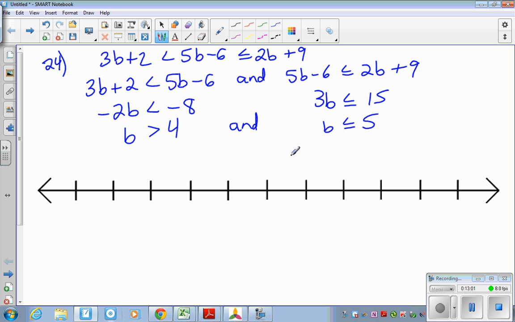Well, we want greater than 4 and less than or equal to 5. This is easy to satisfy. So greater than 4, which is this way, and less than or equal to 5. We can actually write this as 4 is less than x, which is less than or equal to 5. It's in between 4 and 5.